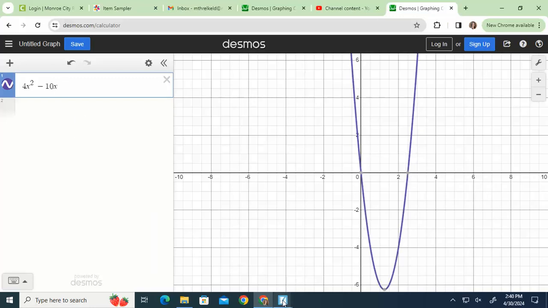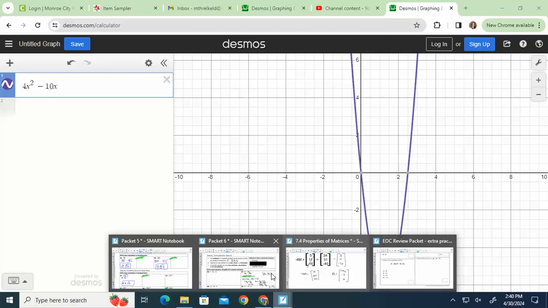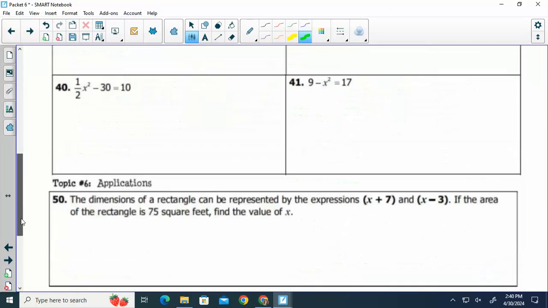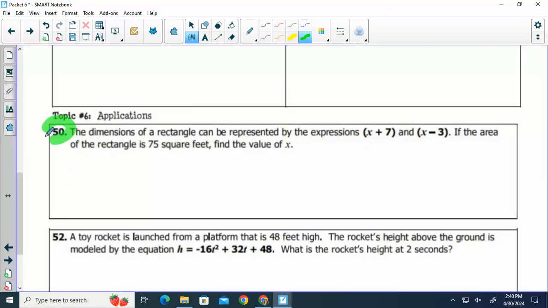All right, last problem of the day. Want to go to problem? These are kind of out of order because I cut and pasted some things. But problem 50. The dimensions of a rectangle can be represented by the expressions x plus 7 and x minus 3.